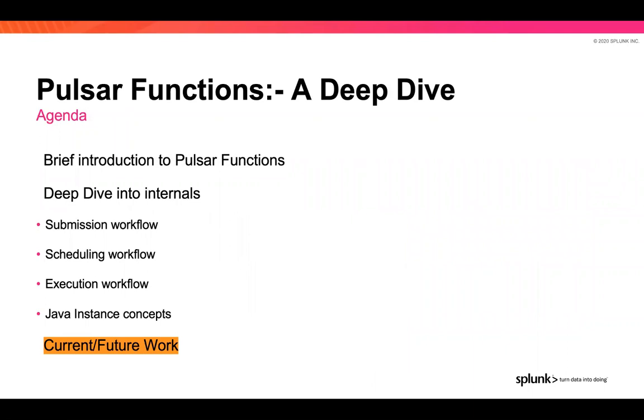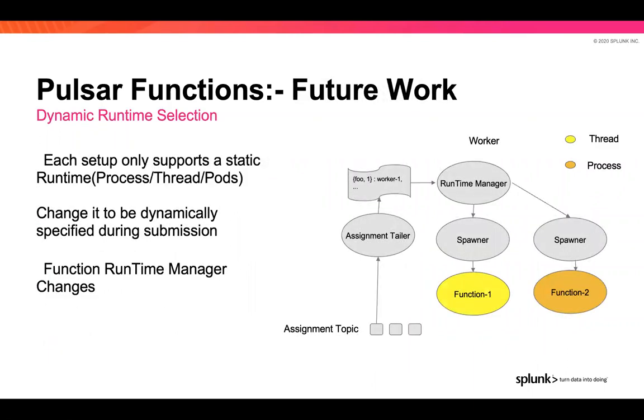So let's wrap up a little bit about current and future work, some of the things that we're working on. The first is dynamic runtime selection, right? I mentioned earlier multiple times that with your runtime managers, you can spawn different types. You can run them as threads, you can run them as processes, you can run them as Kubernetes. Currently, you make that decision once, and it's universal for all your functions.